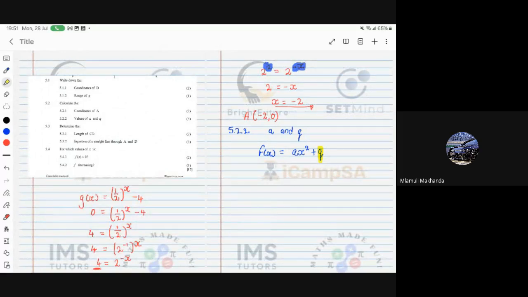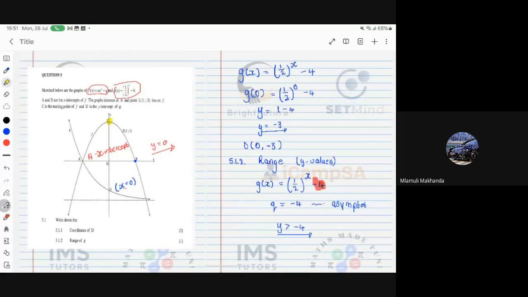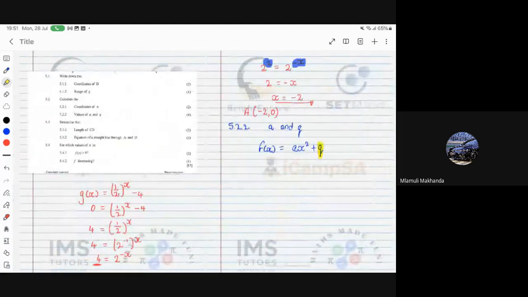What do we have also? Our graph also goes here. We do have those coordinates, and A and B are the x-intercepts. We have two coordinates, of which one is (1; 3).